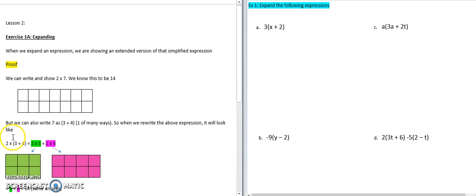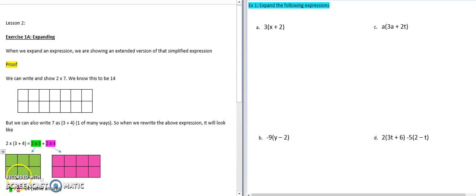Now, visually, what's happening is we're getting 2 lots of 3, so 2 times 3, which is this first part here, and we're also getting 2 lots of 4, which is 2 by 4 here. So we're doing 2 lots of 3 and 2 lots of 4, and to get our answer we just add the two together.